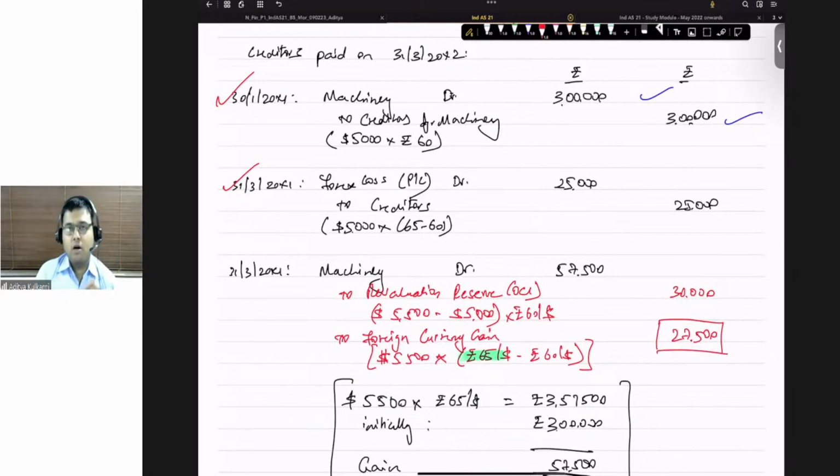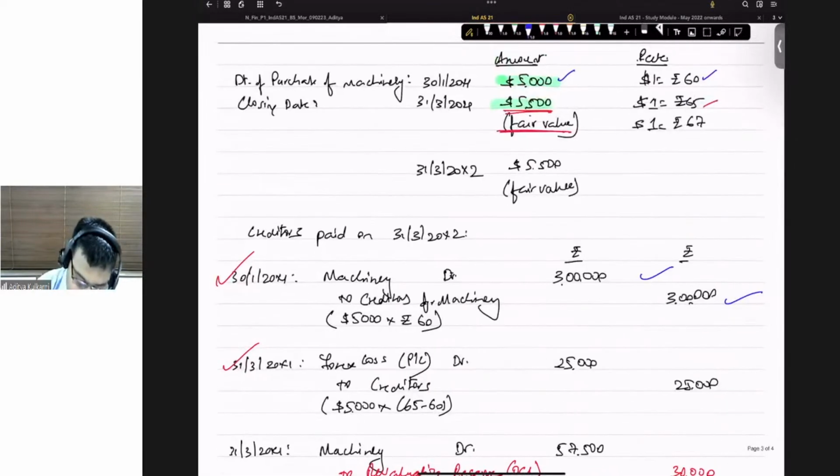So first thing, the machine was worth 5,000 initially. It went up to 5,500. So 5,500 minus 5,000. This is the revaluation. Multiply it by which rate? Well, this I am going to multiply it by the original rate. Why original rate? Because I want to see how much of the increase in value is attributable to revaluation, how much of it is attributable to currency fluctuation.